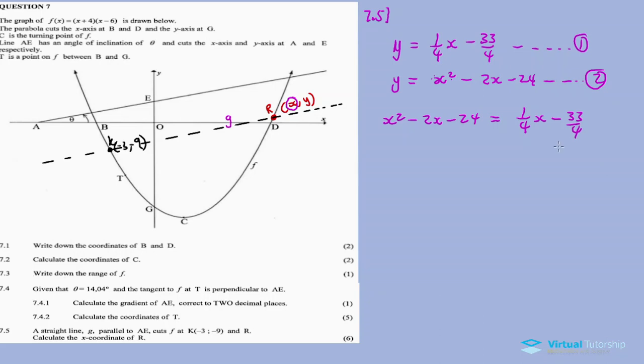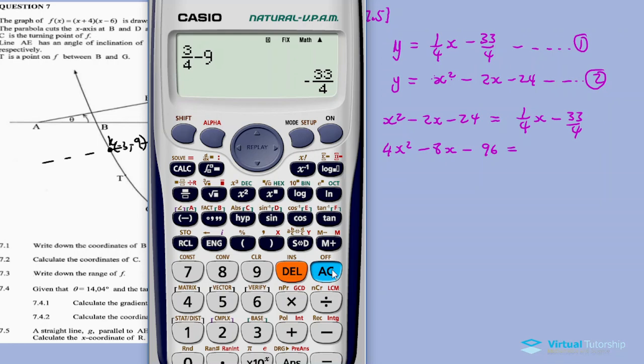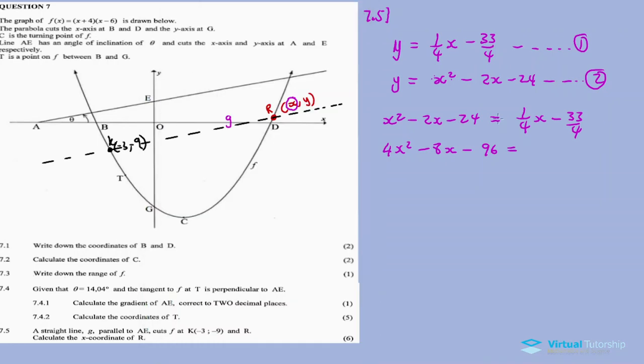Then simplify further. What we are going to do is take the LCD and multiply both sides of the equation. So we get 4x squared minus 8x minus 4 times 24, which is 96, equal to x minus 33.